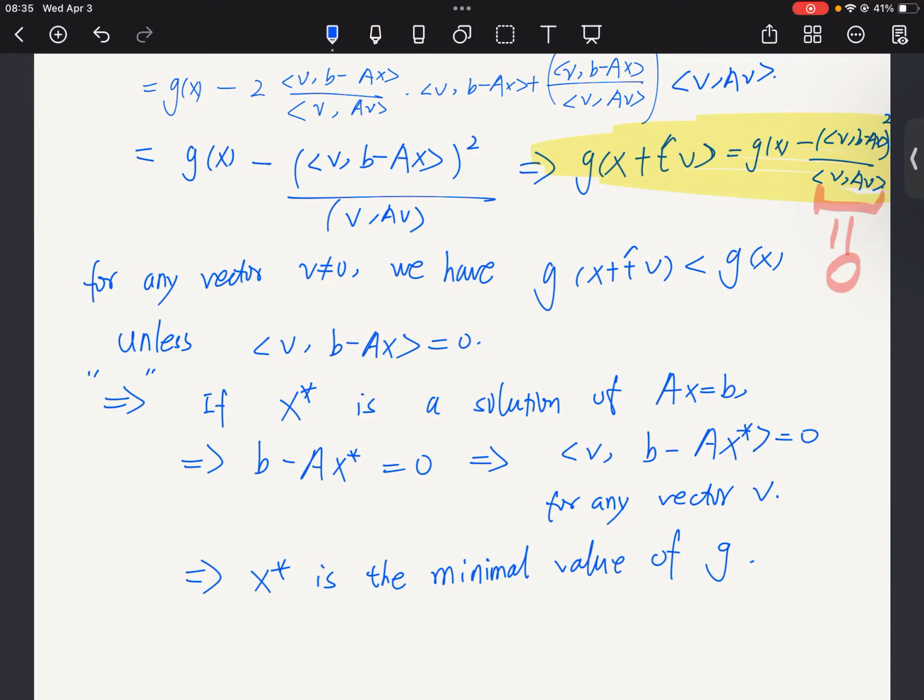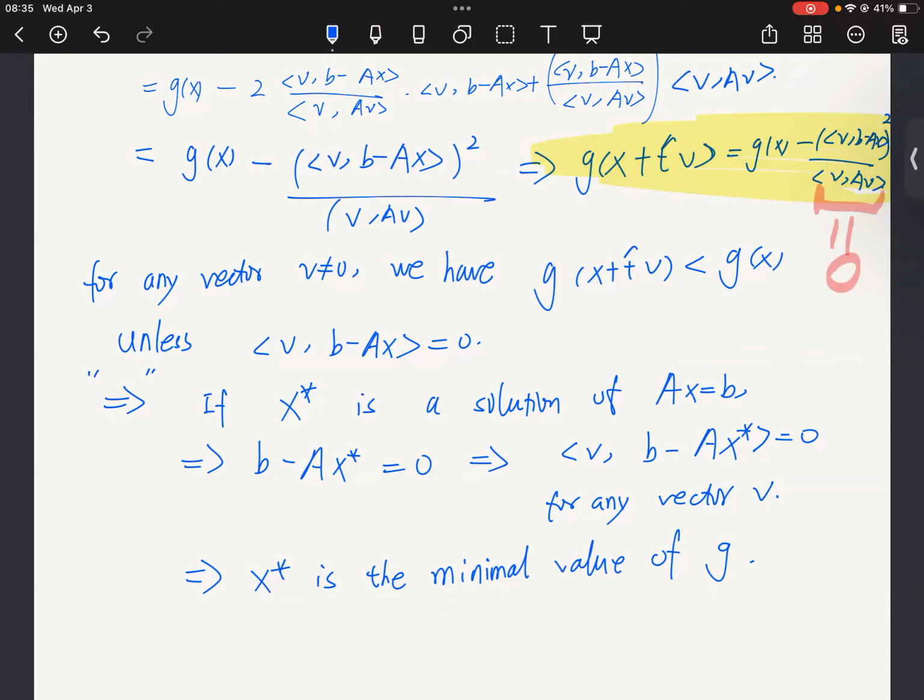Does it make sense? Because now you find out that for any vector V, in any direction, you cannot find any point that is smaller than this one. So now this is the smallest value of GX in the whole space. Does it make sense? Any question?